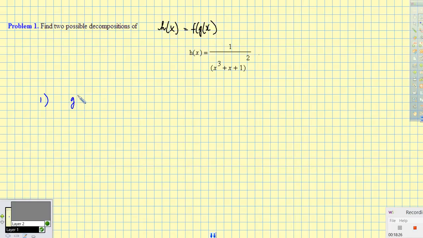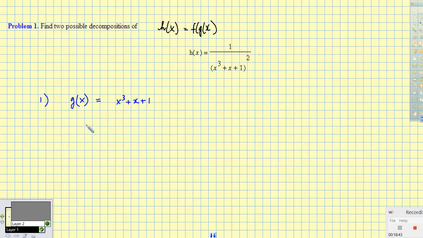So I'm pretty sure I'm going to say that g of x is equal to x cubed plus x plus 1. That's the one that pops into my mind immediately.